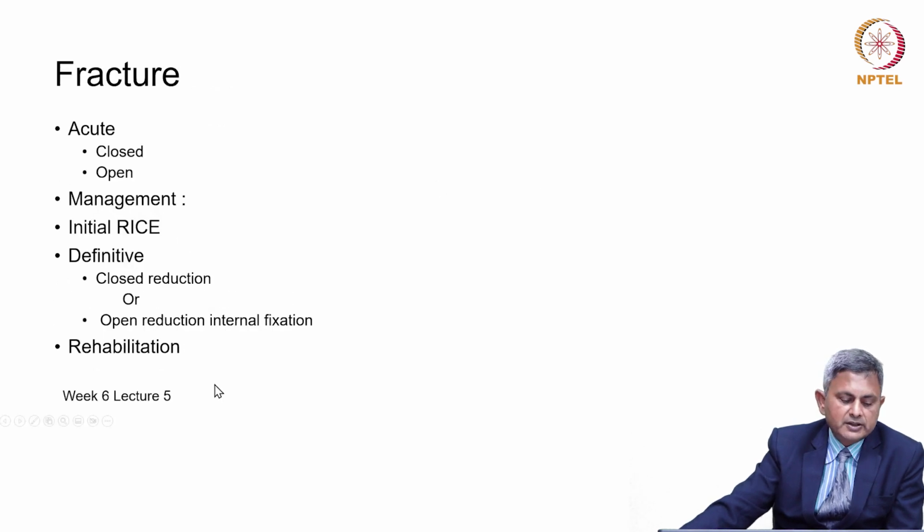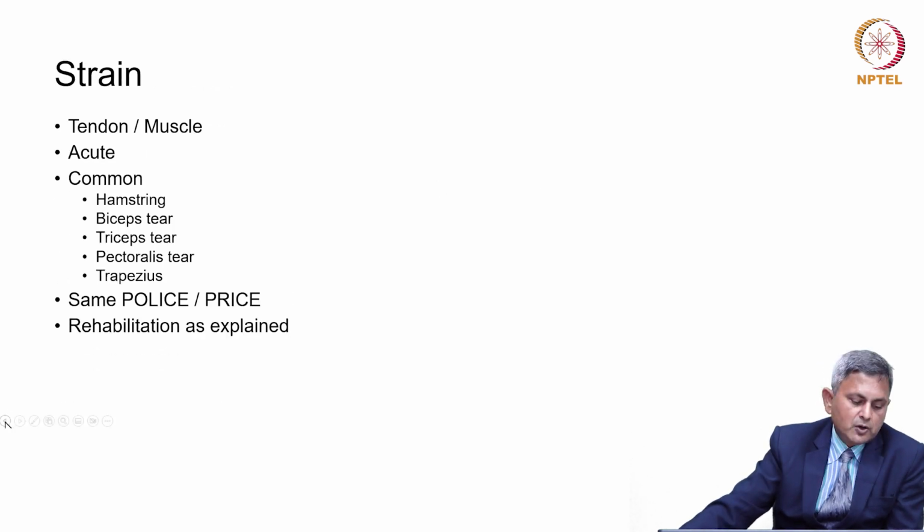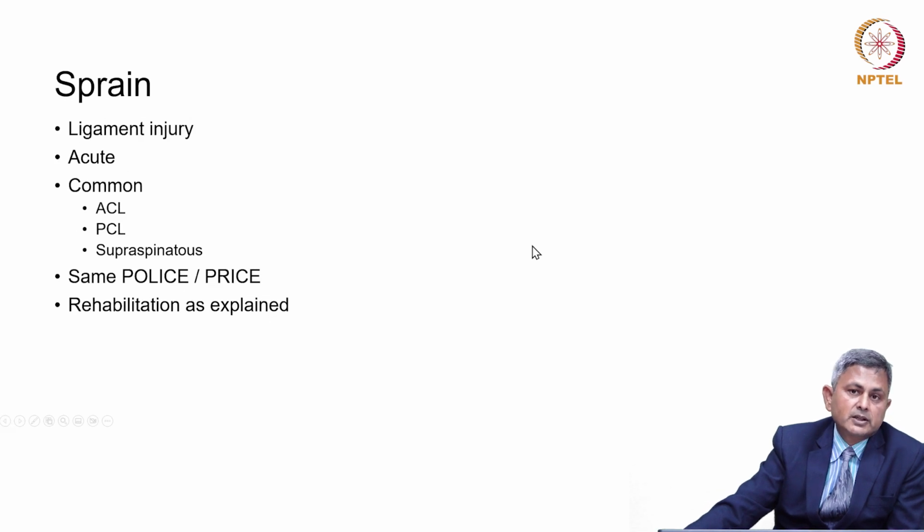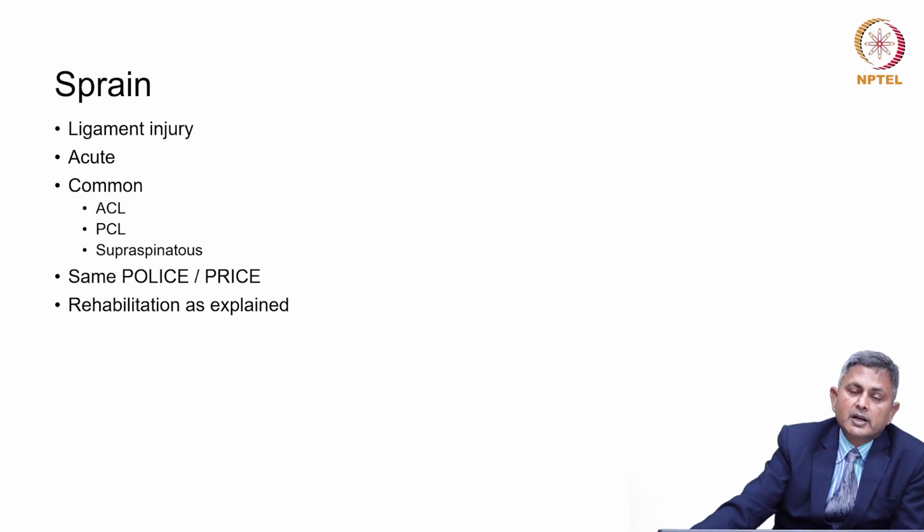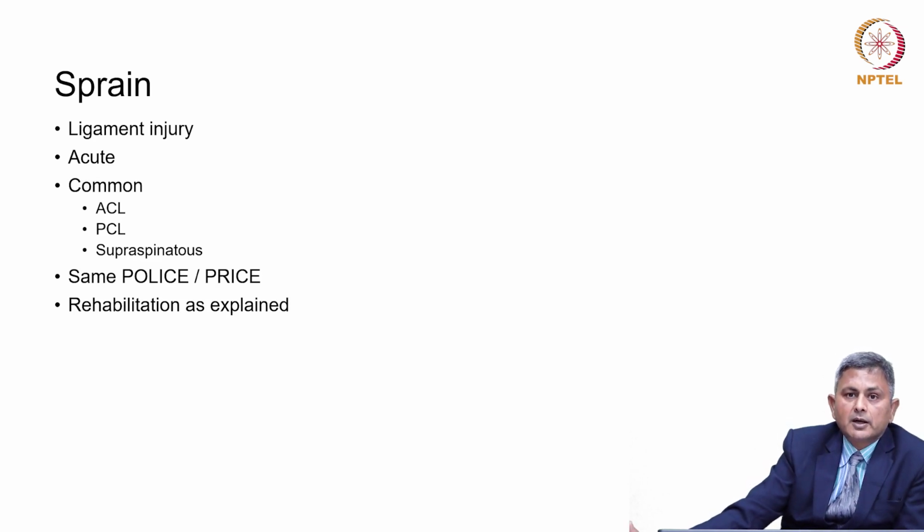So a sprain is an injury of ligaments. Ligaments are collagen bundles which bind two bones at a joint. Common examples of injured ligaments are the anterior cruciate ligament, the ligaments of the shoulder joint, and the ligaments of the ankle.